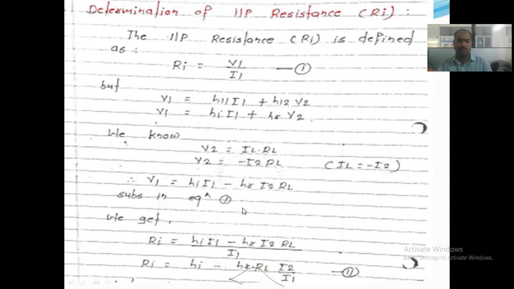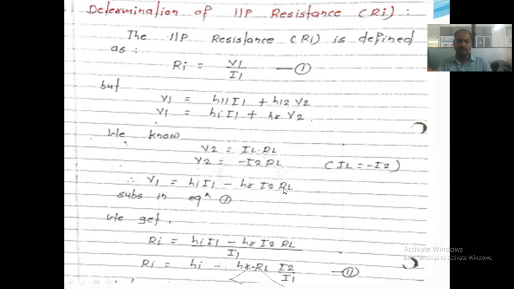So your equation is V1 equal to Hi into I1 plus Hr into minus I2 into RL. So that's why there is a minus in the middle. Hi into I1 as it is, Hr as it is, V2 indicates minus I2 into RL.